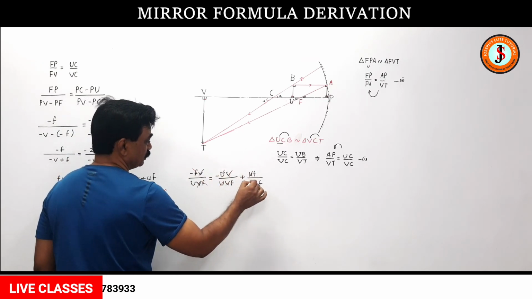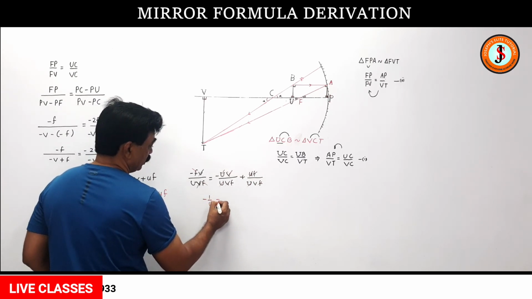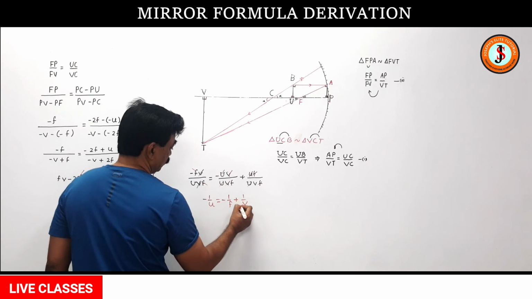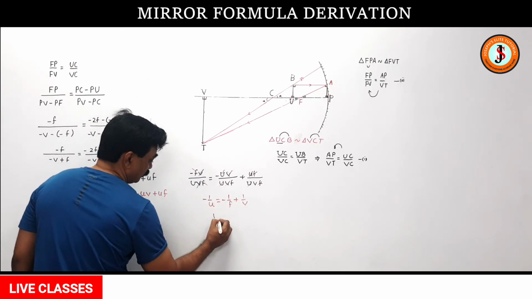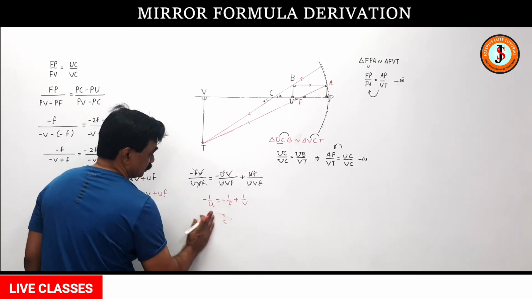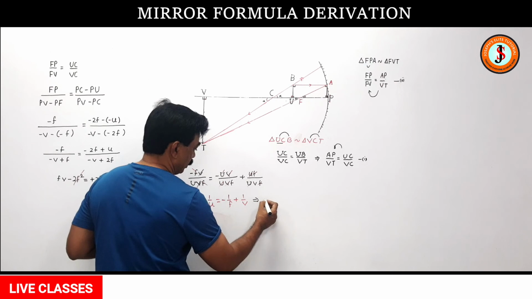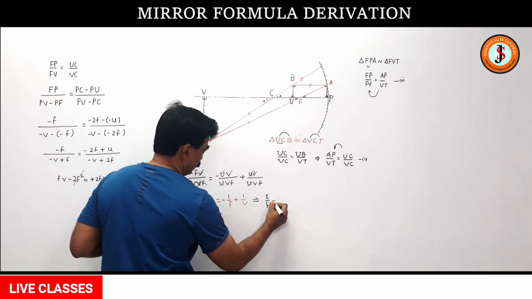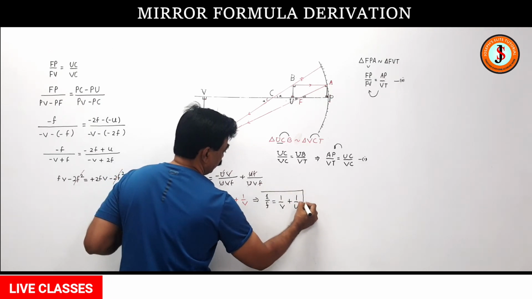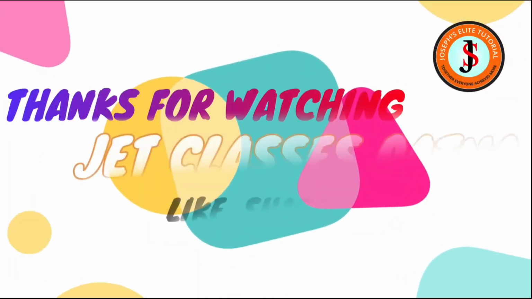So we are getting minus 1 by U is equal to minus 1 by F plus 1 by V. So I bring it this side: 1 by F is equal to 1 by V, and this comes this side, 1 by U. So this is the mirror formula: 1 by F is equal to 1 by V plus 1 by U.